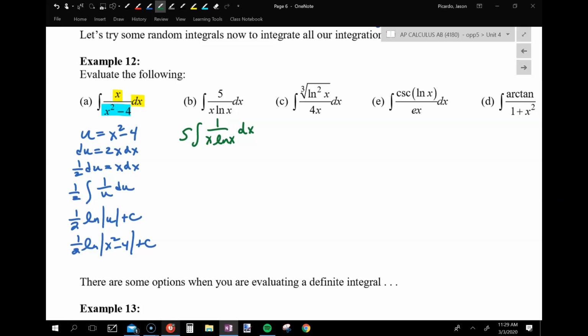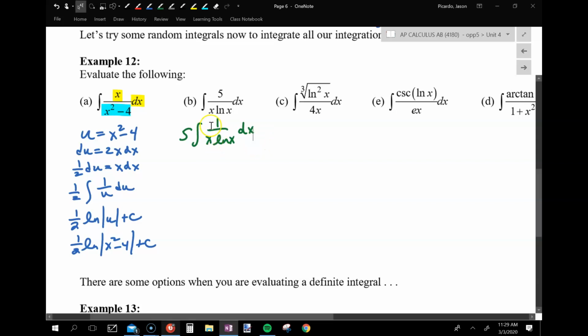Is it just x? Well, what's the derivative of x? 1. Right? You want to use natural log of x because what's the derivative of natural log of x? 1 over x. So the 1 over x, right? And it becomes 1 over u then, right? So my u is going to be my natural log because du is 1 over x dx. And there's my 1 over x dx.